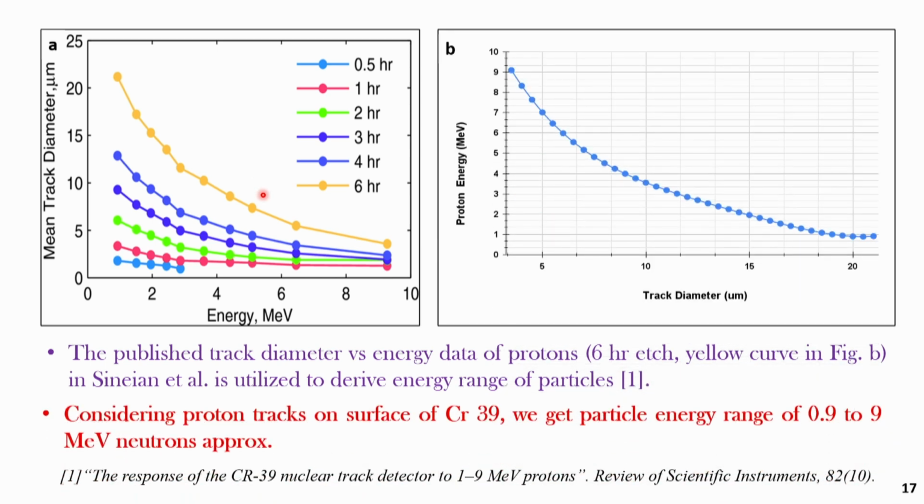What we got, assuming that it's all protons on the surface, is that the energy ranges from 0.9 to 9 MeV. So if the energy of protons is 0.9 to 9 MeV, then we are sure that the energy of neutrons is higher than that, because the neutron collides with the proton and kicks it so that the protons create tracks in CR39.